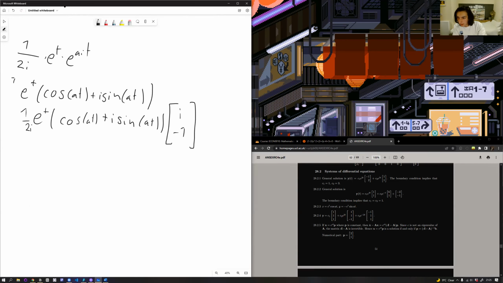So it's then, right, so the i there cancels. And then you have e to the t. But we're back at the start, surely. But then i sine at.